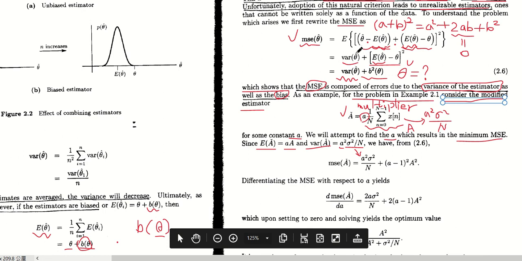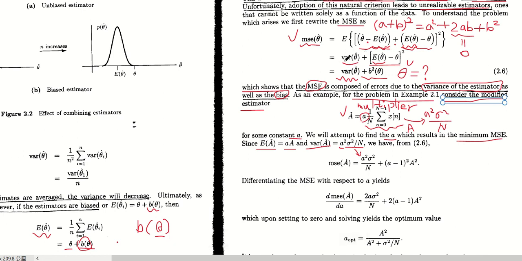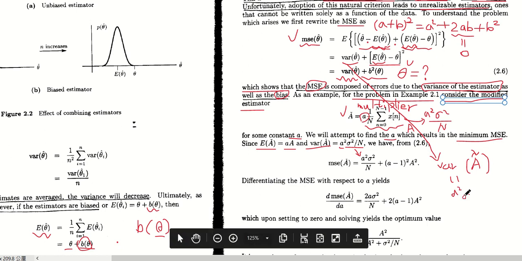The variance of theta hat is the variance of a times A hat. That is down here. So this term is equal to a squared sigma squared divided by n, and that goes to here.